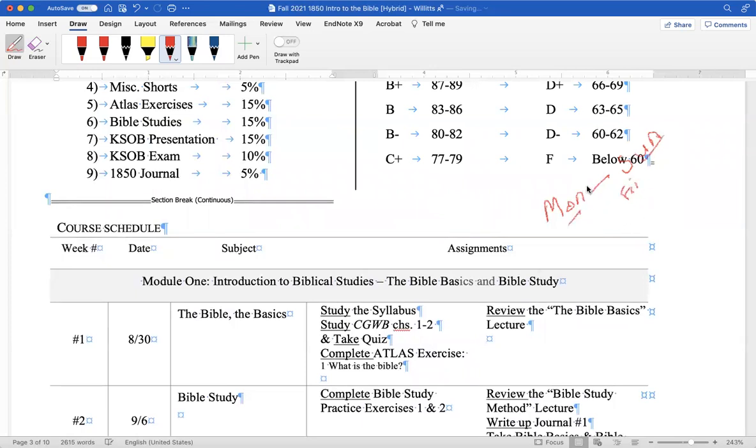You begin working on Monday for the week, and you submit your assignments by 11:59 p.m. on Friday night. For a couple of assignments, their due date is actually Sunday at 11:59 rather than Friday.